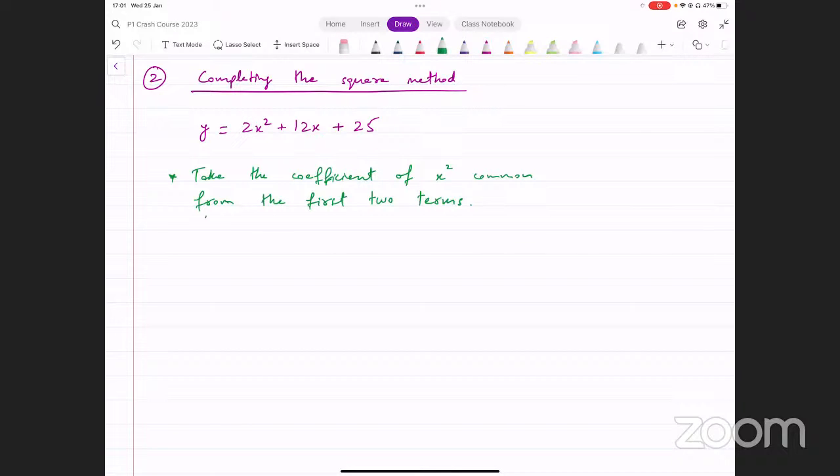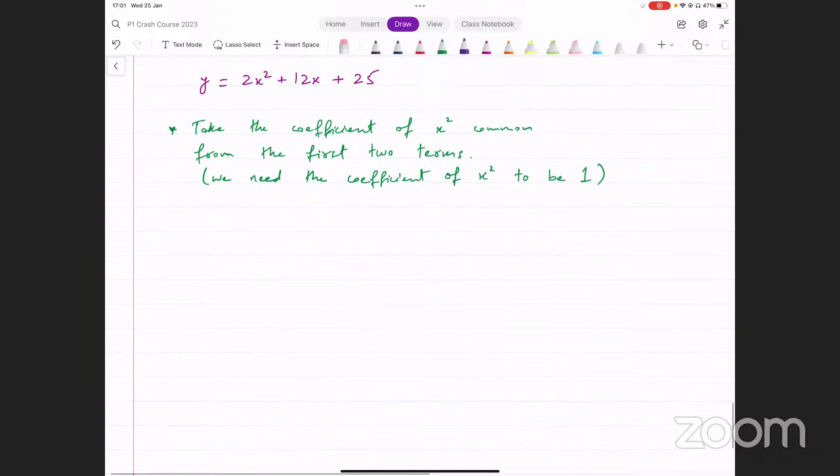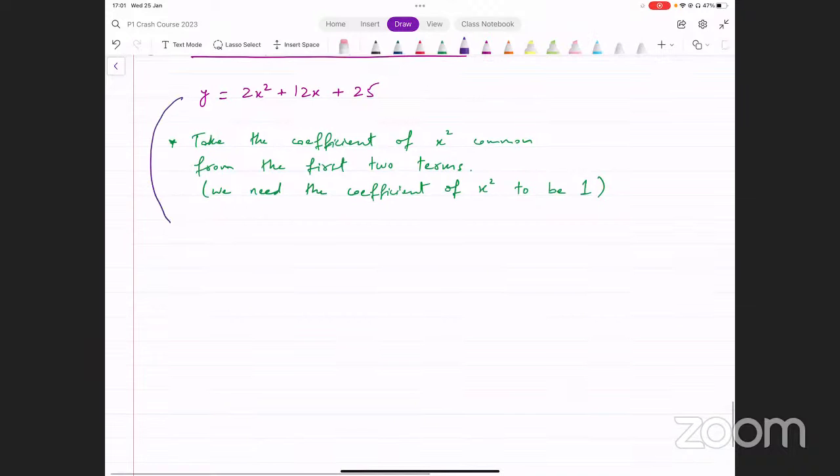So we need the coefficient of x square to be 1. If it's not 1 already, you'll have to take that number common outside so that you don't have anything with x square. All right, let's do this first step and see what we get from that.